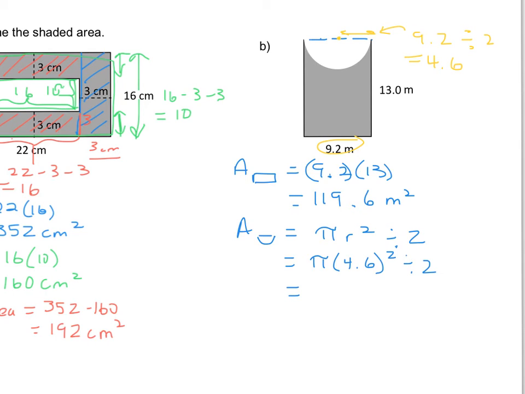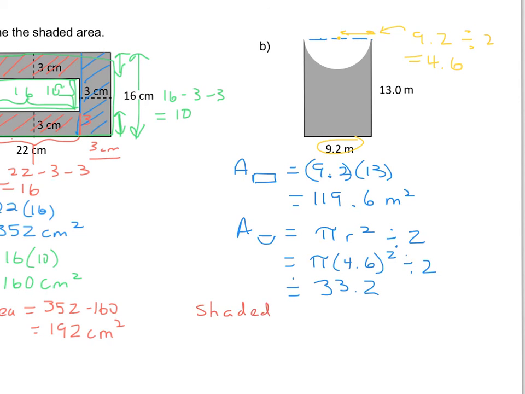Don't times by pi first and get that answer, and then exponent of 2. The exponent of 2 is only being applied to the 4.6. When you do that and then divide by 2, I believe your answer is 33.2 approximately.